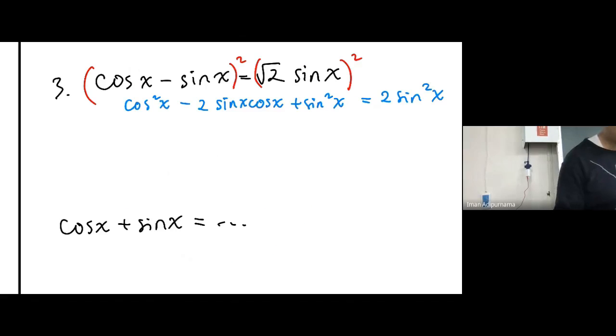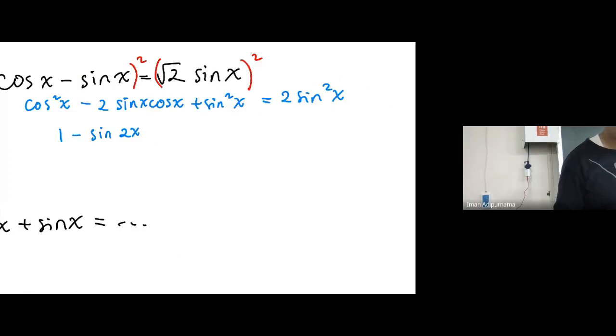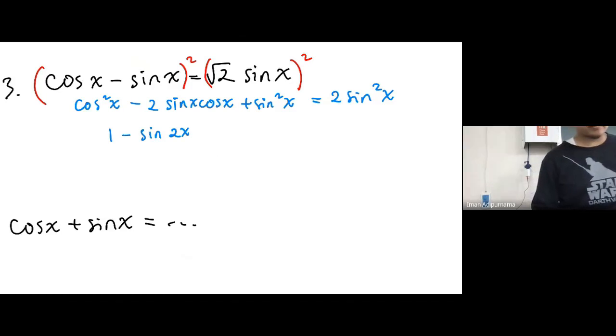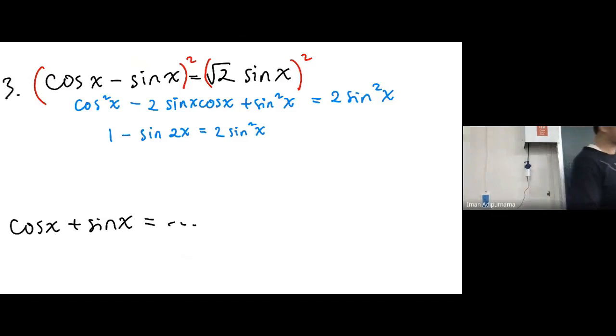So I will write this becomes 1 minus sine 2x equals 2 sine squared x. And stop here. Do not manipulate the form. Stop here first. And now look at the second one, the question.